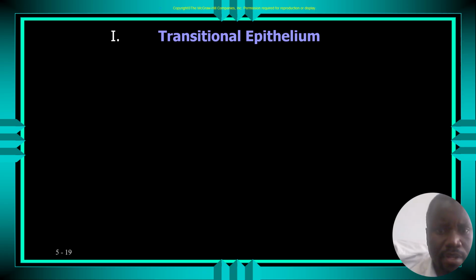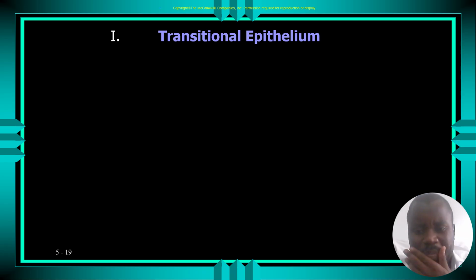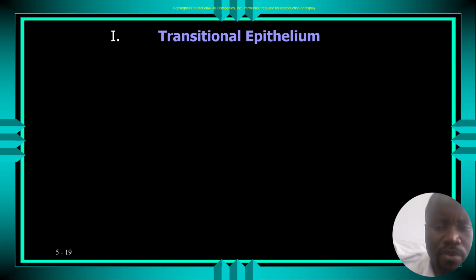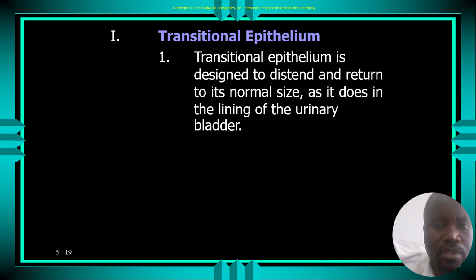Okay. Transitional epithelium. What is meant by transitional is that when you look at this epithelium under the microscope, you think it is very thick, several layers. But if you look at it at another time, you think it is very thin. This change in the way it appears is what is called transitional. It's because organs that are lined by such epithelium are able to stretch.